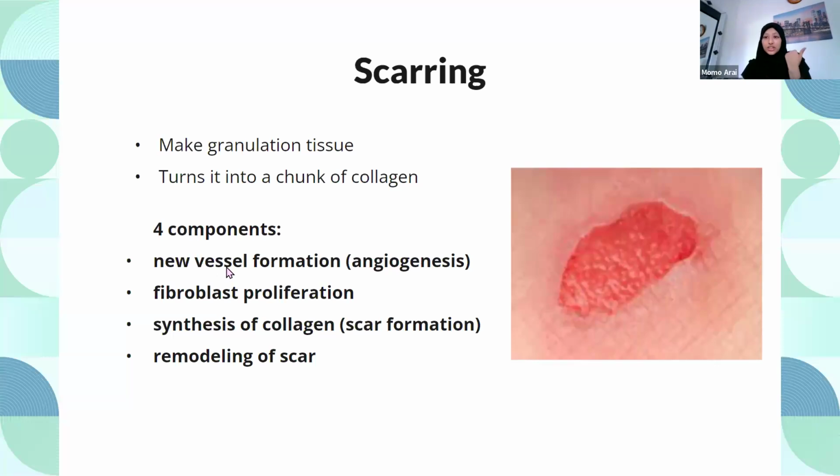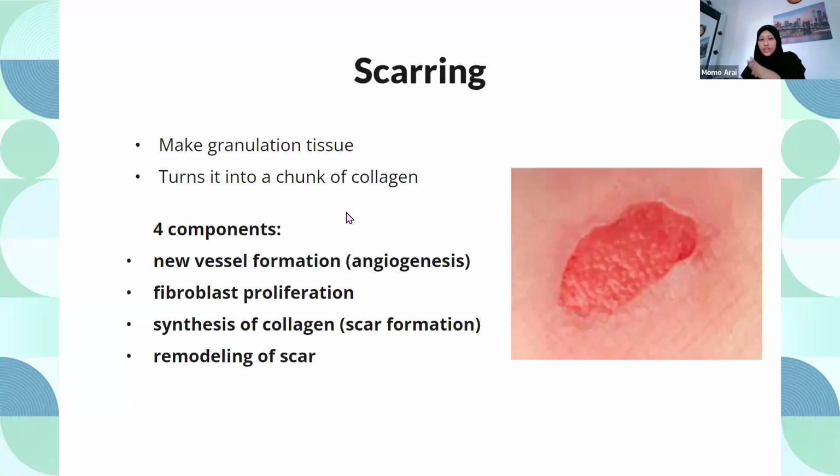The other thing you need is collagen, so you need fibroblasts to make the granulation tissue. If you see fibroblast proliferation, that means collagen will come in and form the scar. And the last thing is remodeling of the scar, after the granulation tissue is formed.